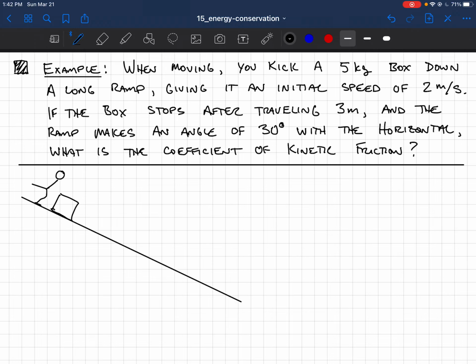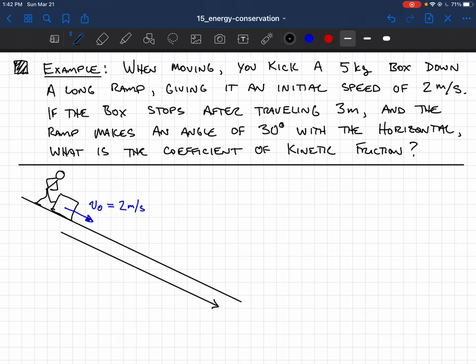It's after the kick, so there we go. Gotta put arms on the person. You kick the box and you give it some initial velocity, initial speed, and what are we told? It's 2 meters per second. And then the box slides, and it slides for a distance of 3 meters.